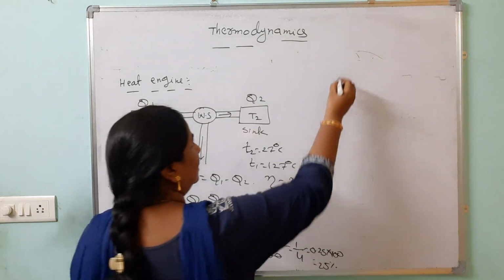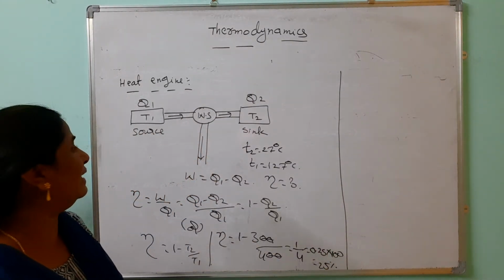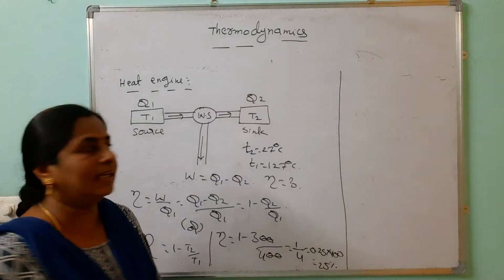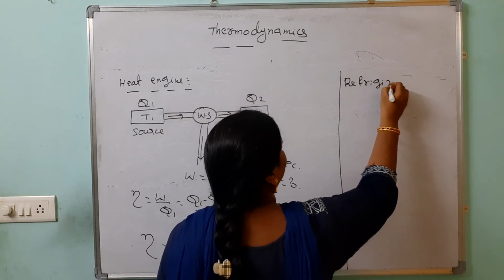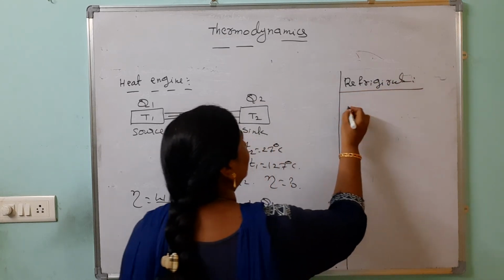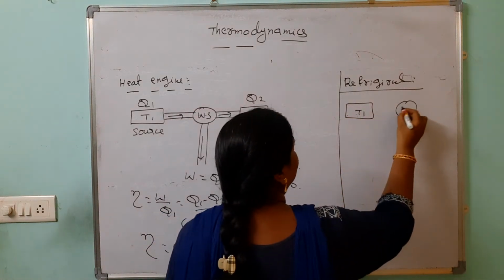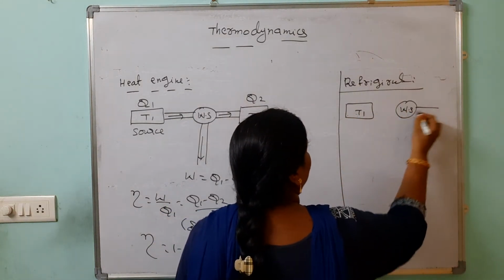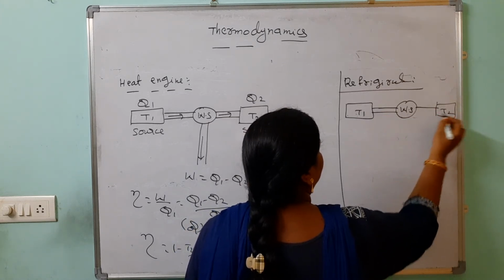Then we go to the reversible process. Based on that, the reverse of a heat engine is called the refrigerator. In the refrigerator also there are three parts: the source at T1, the working substance, and the sink at T2.